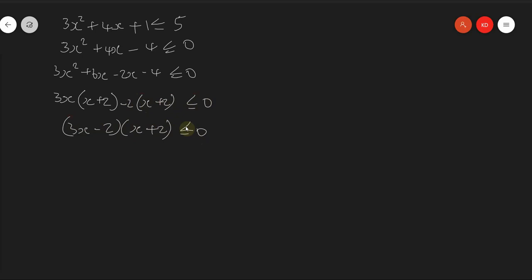Right, so now that we have factorized this expression, let's solve for x. We're going to set 3x minus 2, bracket x plus 2, equal to 0 in order to find the critical points, the roots.